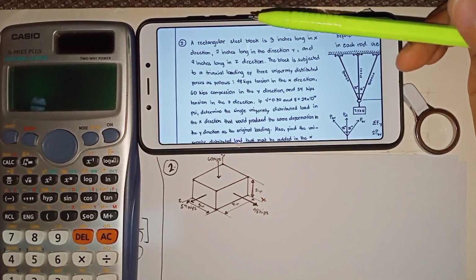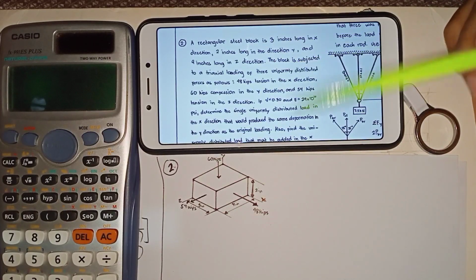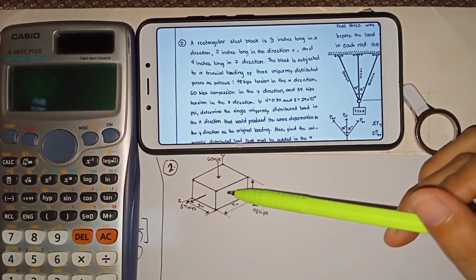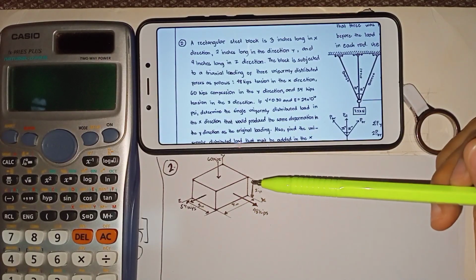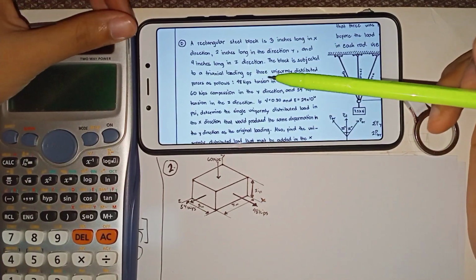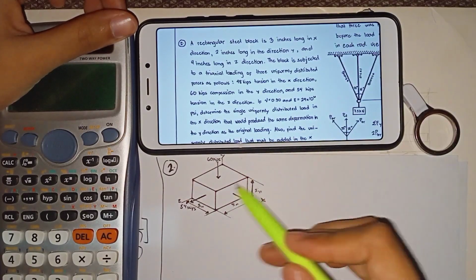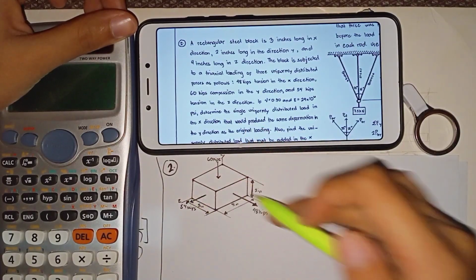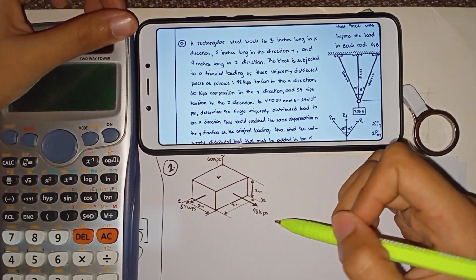The block is subjected to a triaxial loading of 3 uniformly distributed forces as follows. So, meron doon sa block, itong block natin is meron 3 uniformly distributed forces. 4 kips, tension, in x direction. So, yung x direction, therefore, ito siya, kasi papunta siya dito. So, meron daw tayong 48 kips, tension.